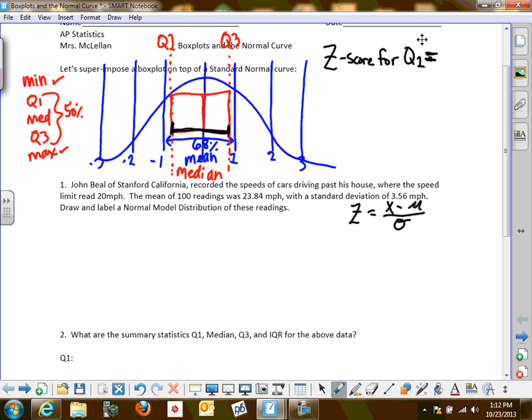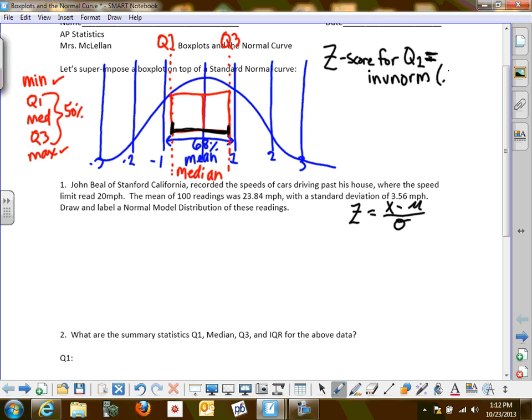Good, inverse norm. So I want to do inverse norm, and what percent of data is below Q1? Good. You remember by definition that Q1 is that place where 25% is below it.